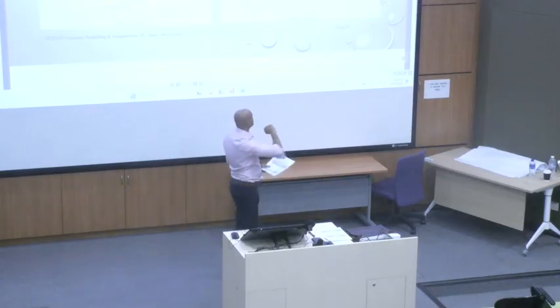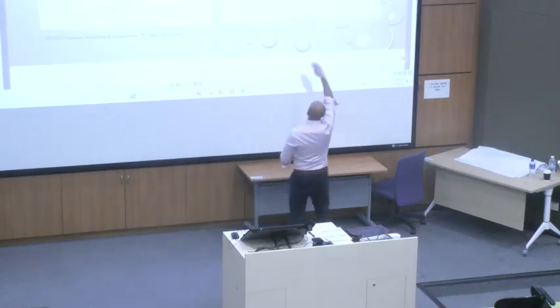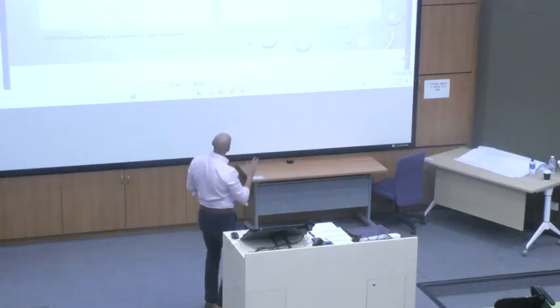And the gradient is kind of highest in the middle somewhere. So what you expect, and what you do get, is something that looks like that. Just very broadly. That's the profile.